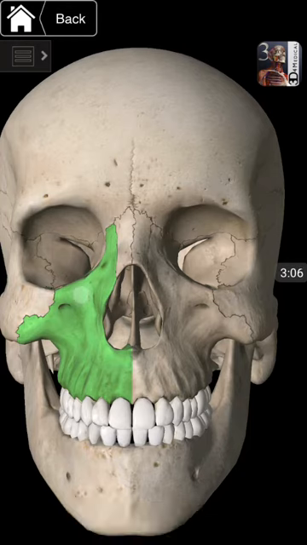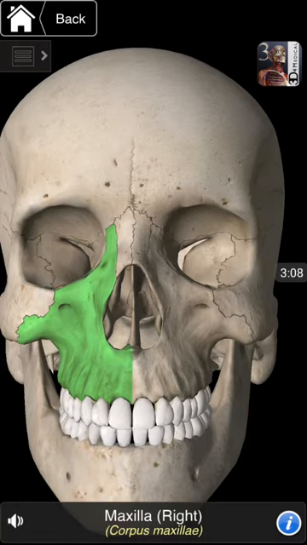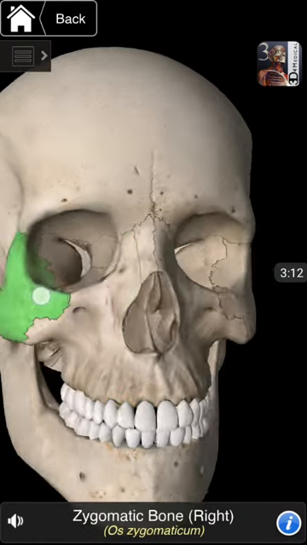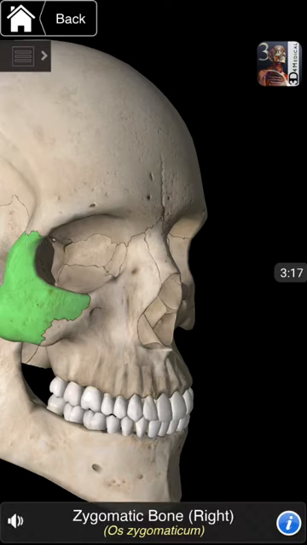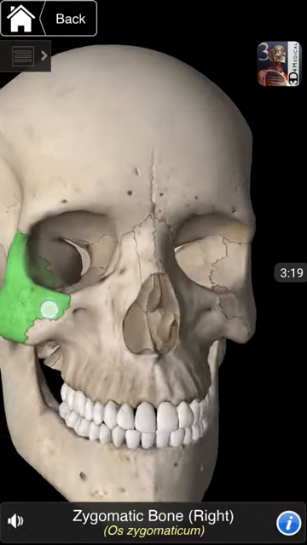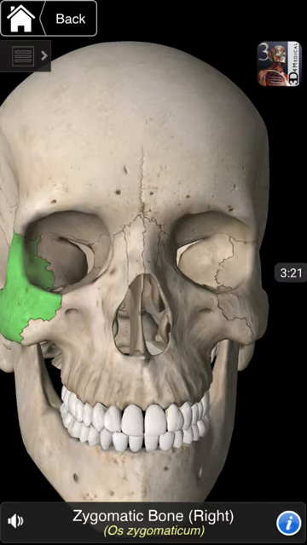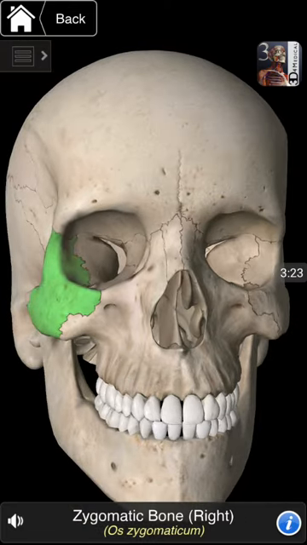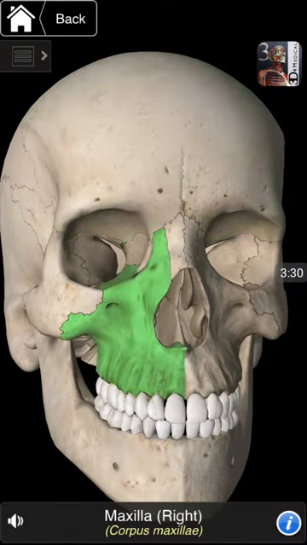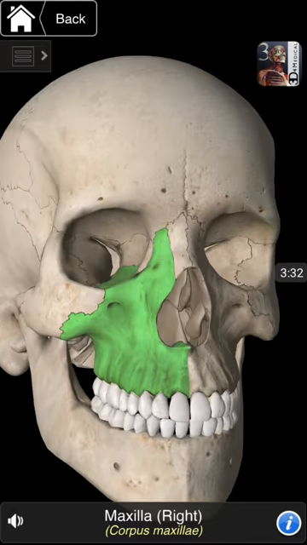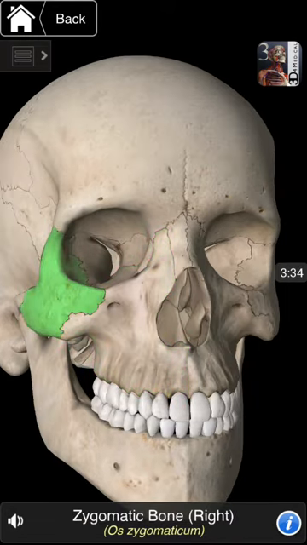Here you can see the maxilla inferomedially, whereas inferolaterally the margin is formed by the zygoma or zygomatic bone. So again, the orbital margin is formed by the frontal bone superiorly, by the maxilla inferomedially, and by the zygomatic bone inferolaterally.